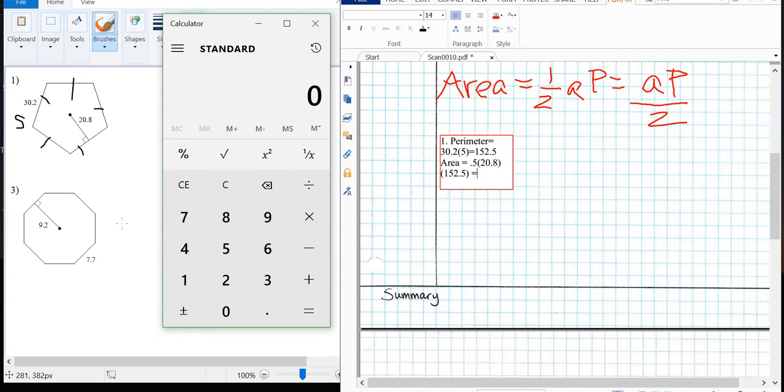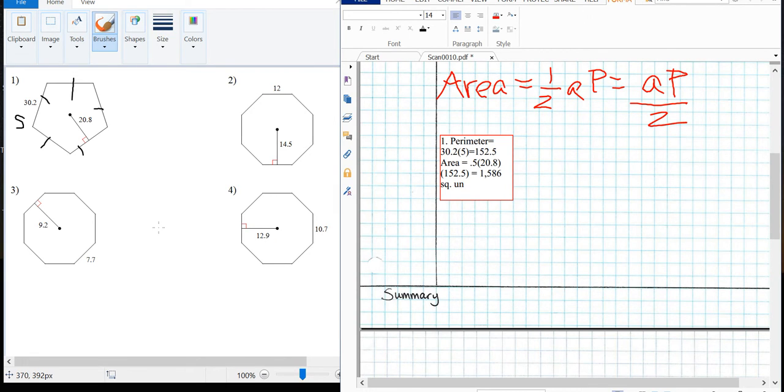So go to the calculator. You guys can try this out as well. 0.5 times 20.8 times 152.5. And there's our area, 1,586 square units. Alright, so there's the first one.